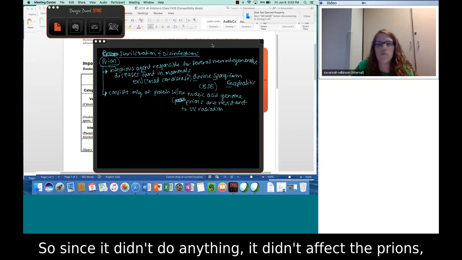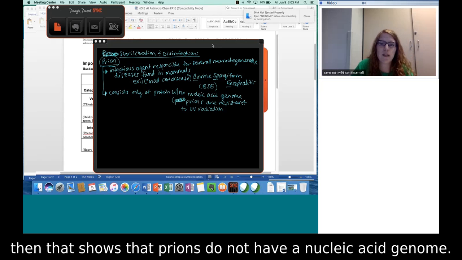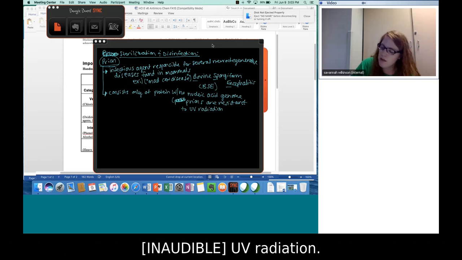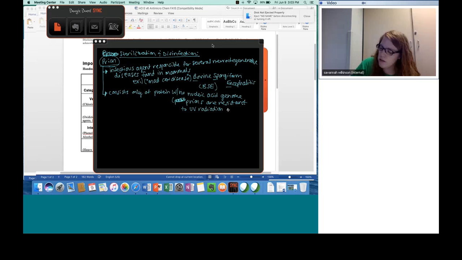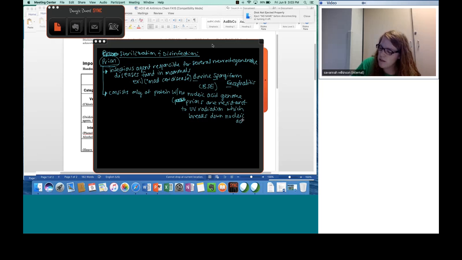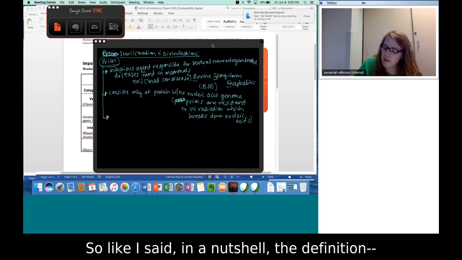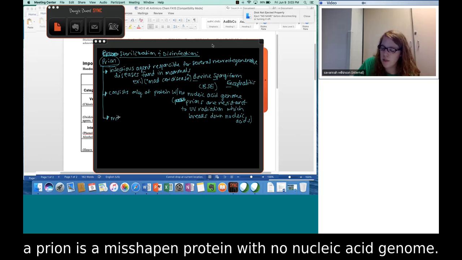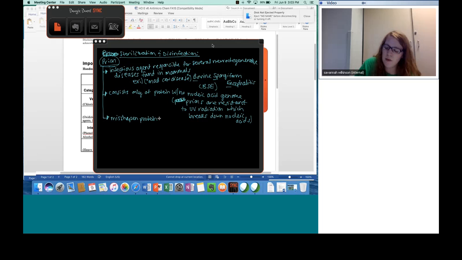So since it didn't affect the prions, that shows that prions do not have a nucleic acid genome. UV radiation breaks down nucleic acid. So, like I said, in a nutshell, a prion is a misshapen protein with no nucleic acid genome.